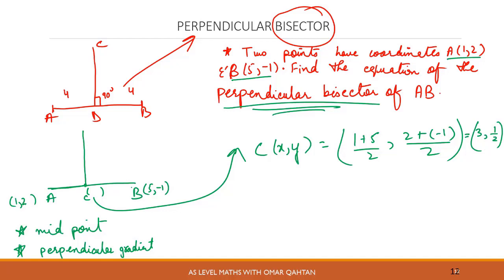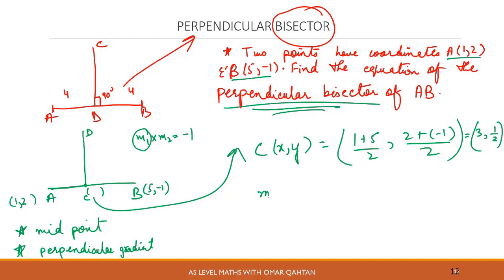Now we have to find the gradient of the line AB first, and then we can convert the gradient of line AB into CD by the perpendicular condition, and we know that m1 times m2 equals minus 1. If I know the gradient of this line, I can find the gradient of the other line.